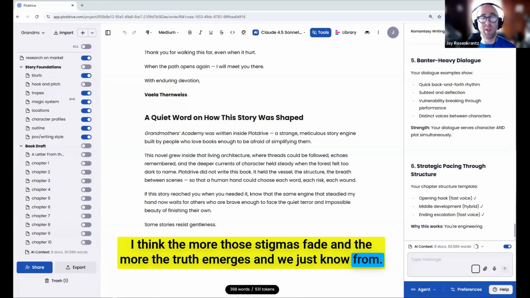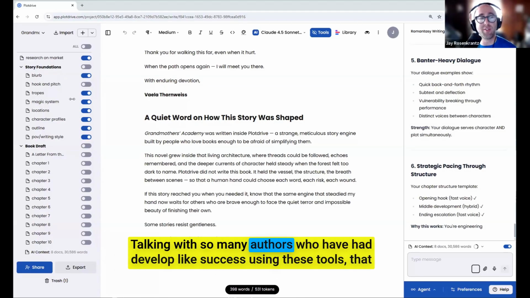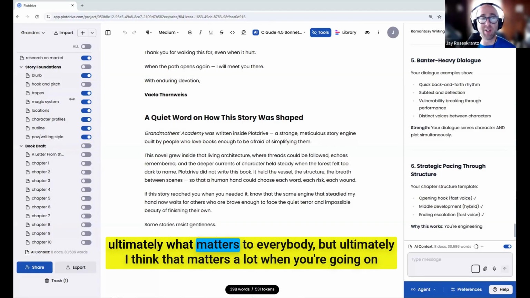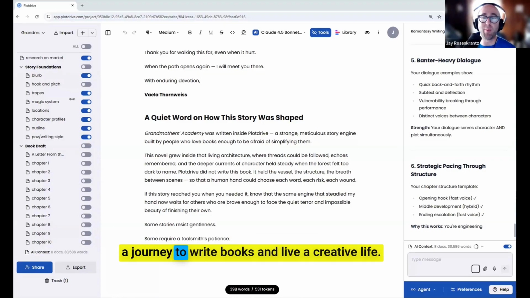And we just know from talking with so many authors who have had success using these tools that their readers are really happy and they're really happy, which is ultimately, I'm not going to say it's what matters to everybody, but I think that matters a lot when you're going on a journey to write books and live a creative life.